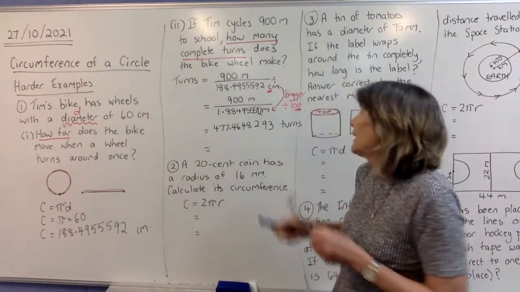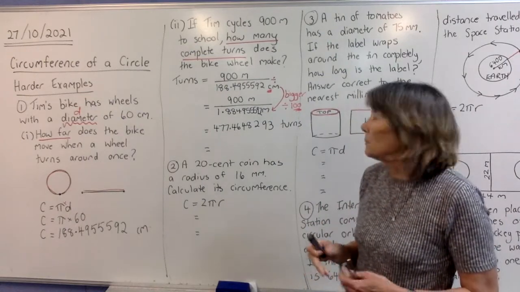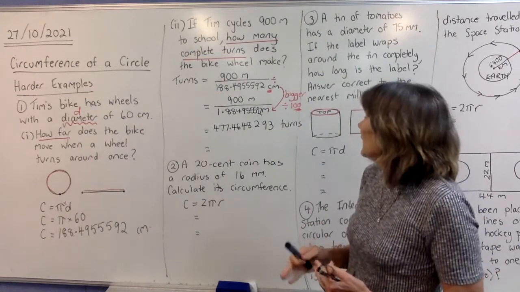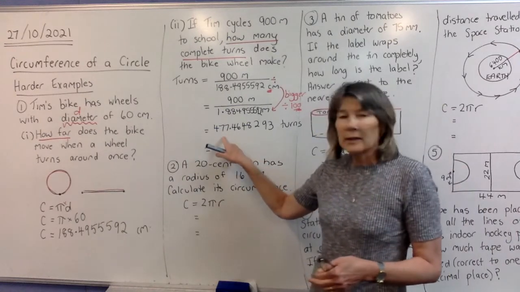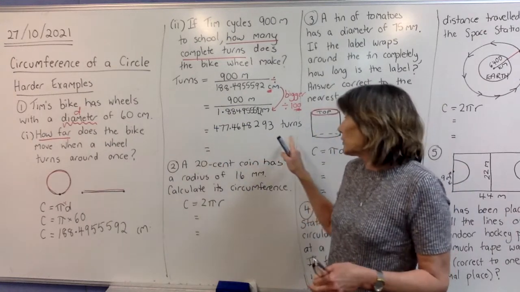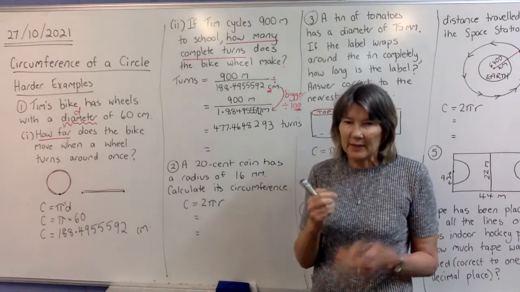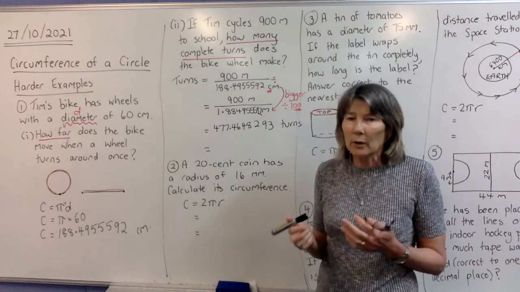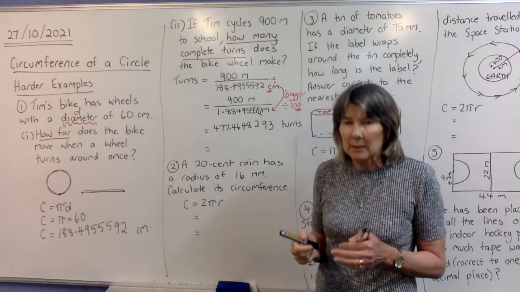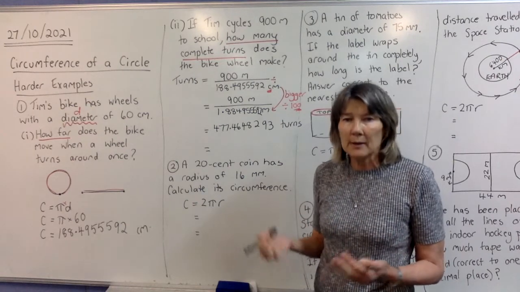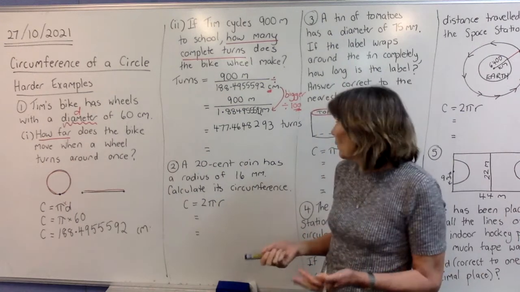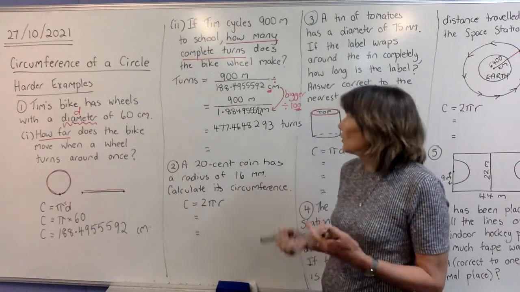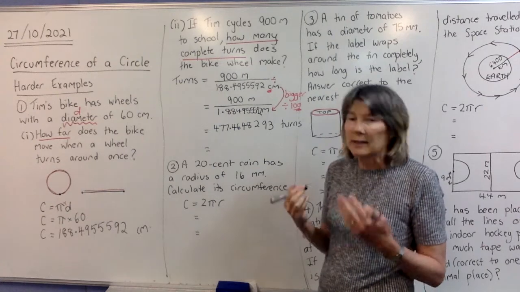Now, it says how many complete turns does the wheel make. Now, he actually has to get to school, all right? So, are we going to say 477 turns, or are we going to say 478? This question is a little bit ambiguous the way they've asked this. I can understand that some of you will think 477, and some of you will think 478. It's difficult to know exactly what they're trying to get here.